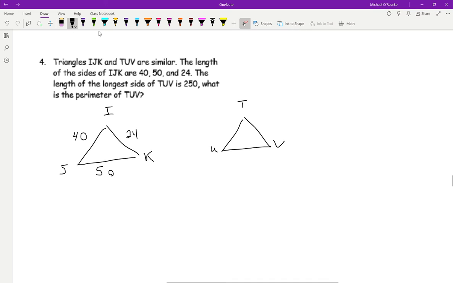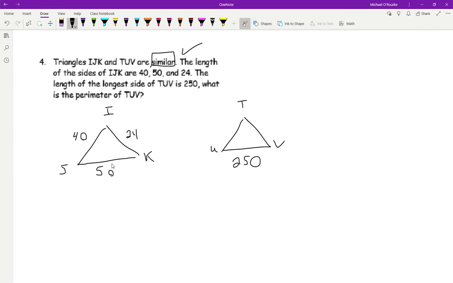And it says the longest side of TUV is 250. So if the longest side is 250, am I going to put it at the bottom, left, or right? If I look at this one, I say my longest side on this one, the bottom, left, or right? Good. So I'm going to write this one on the bottom. Now I know my triangles are similar because it tells me that. So check.